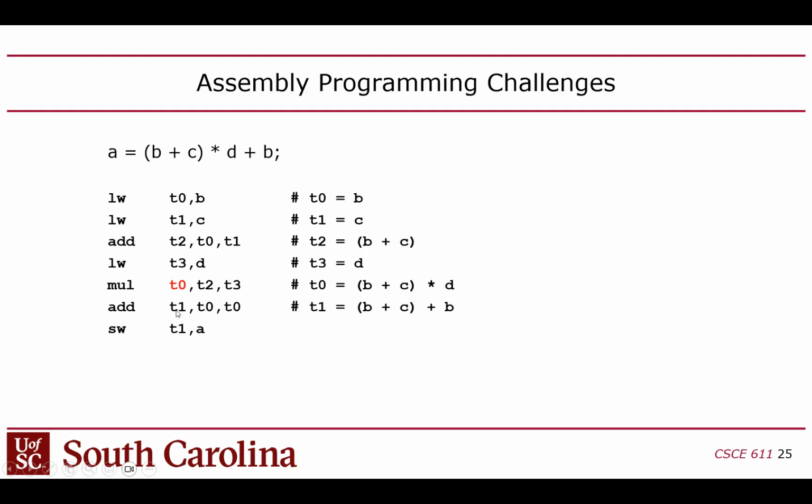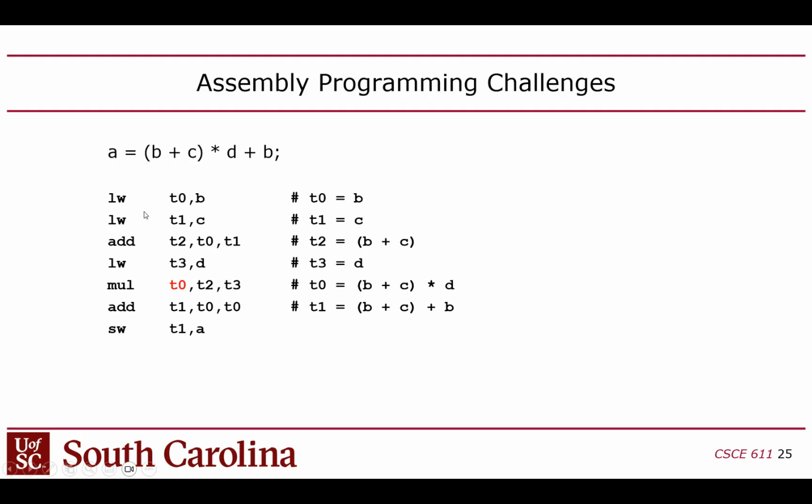But the problem is I have a bug now. If you look at that code, B was used twice. B is referenced here, and B is referenced here. So when I loaded B, I initially loaded it into T0.